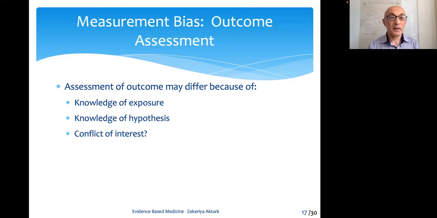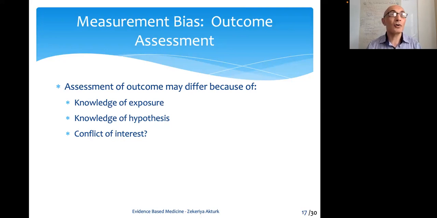What else? Assessment of outcome may differ because of knowledge of exposure, knowledge of the hypothesis, or sometimes also conflict of interest. In the scientific articles, you always see at the end, the authors do not have any conflict of interest.